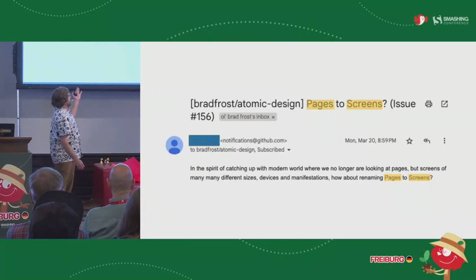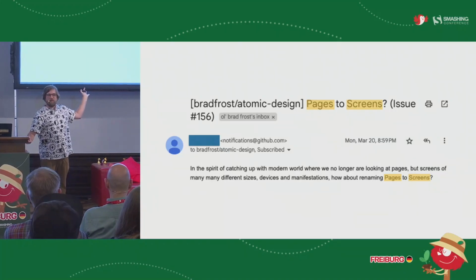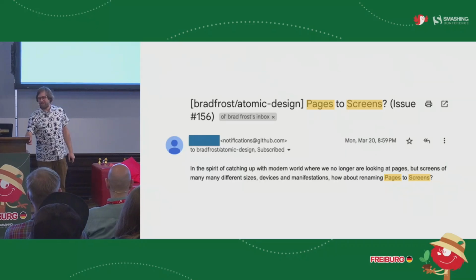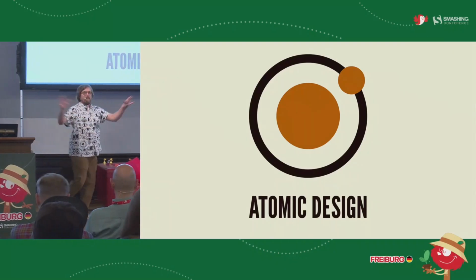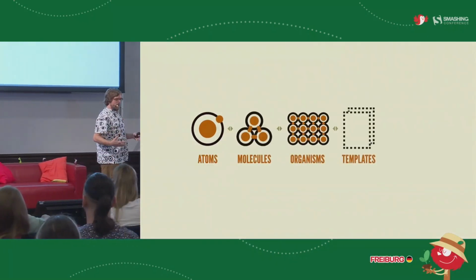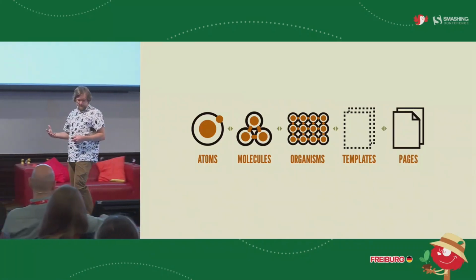And even just earlier this year, somebody in the GitHub repository for the transcript of my book opens a PR to change pages to screens. So I'm like, boy, you guys are tenacious. But so atomic design, the labels don't matter. None of this stuff matters, but when I created atomic design, it's atoms, molecules, organisms, templates, and pages.